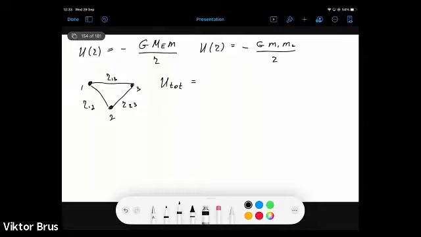And that is just the sum of potential energies of interaction between each of these objects.